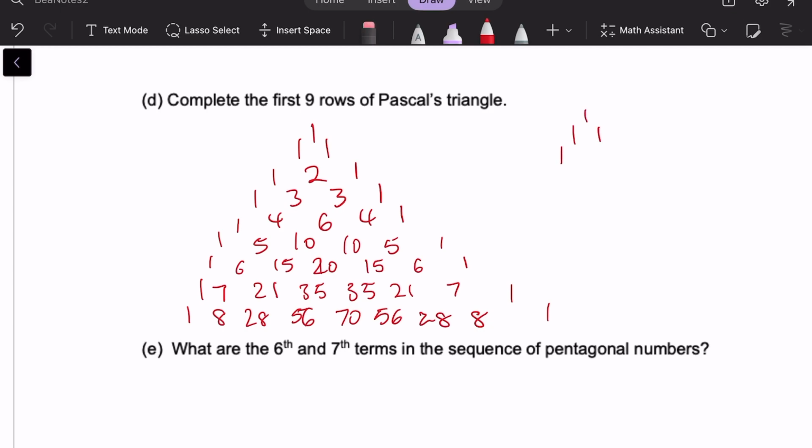Then to get the next term, you add up the 2 terms above it. So this one, there's nothing here, so you just put a 1 there. For this middle term, it's going to be 2 because the sum of the 2 terms above it is 2. And then you do the same thing. This one's 3. This one's 3. And this one's 1, etc. And you just keep going like that.